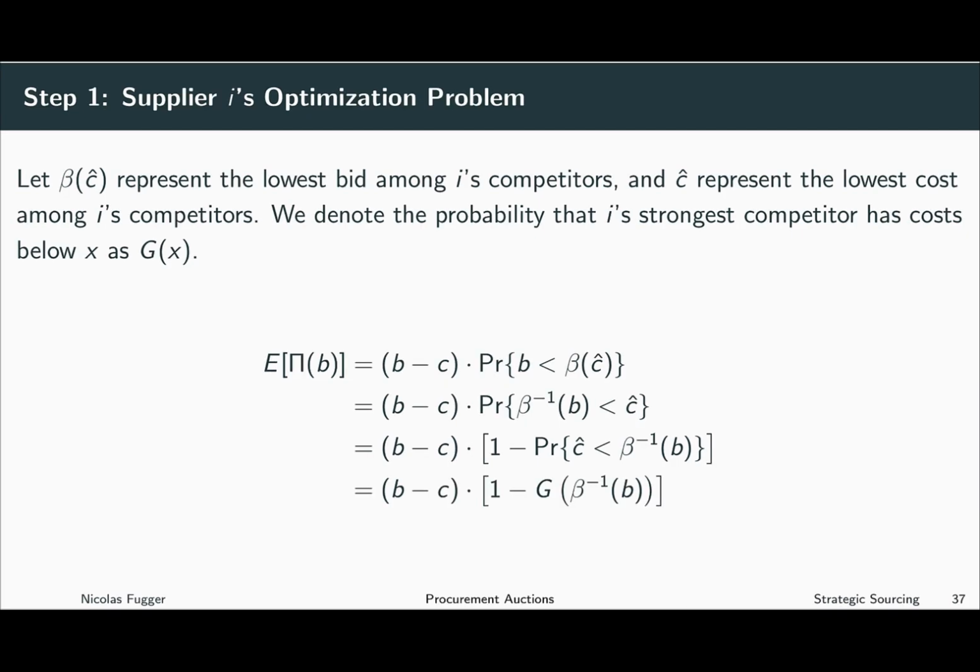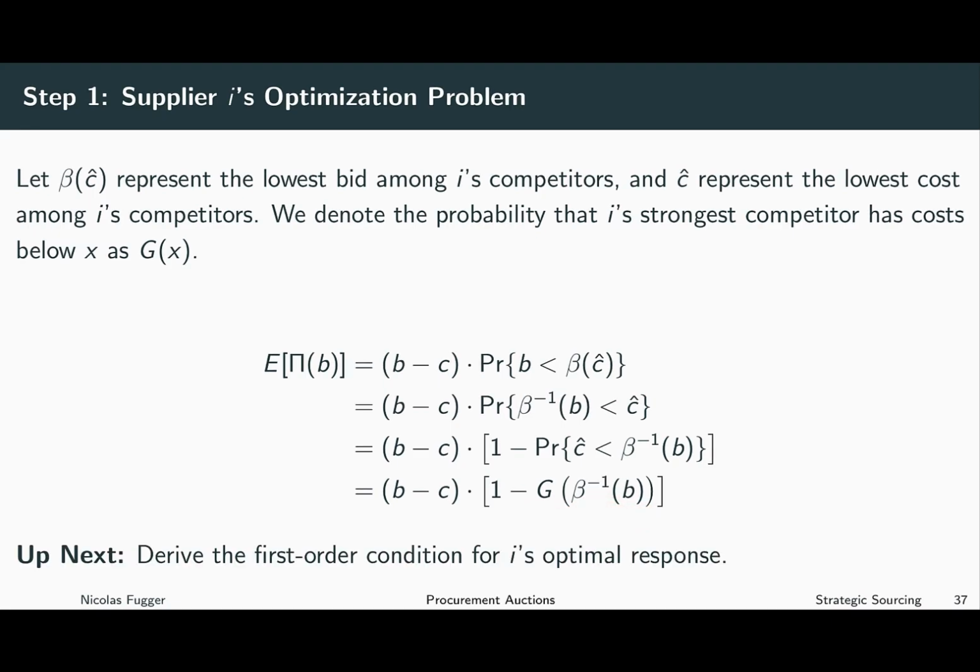And now we can basically just plug in. We said that the probability that I's strongest competitor has costs below X is G of X. That means the probability that the strongest competitor has costs smaller than beta to the power of -1 of B is just G of beta to the power of -1 of B.